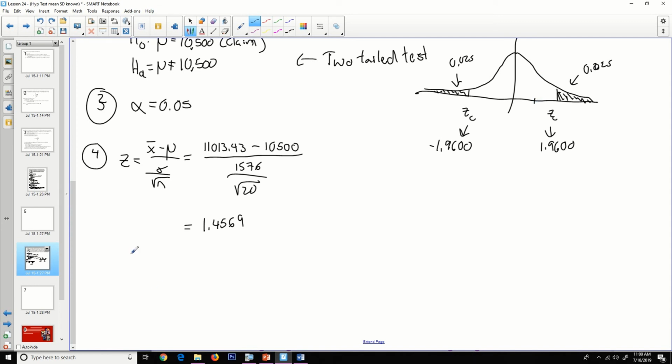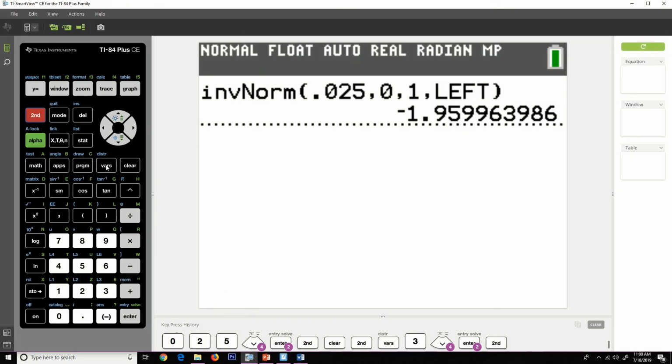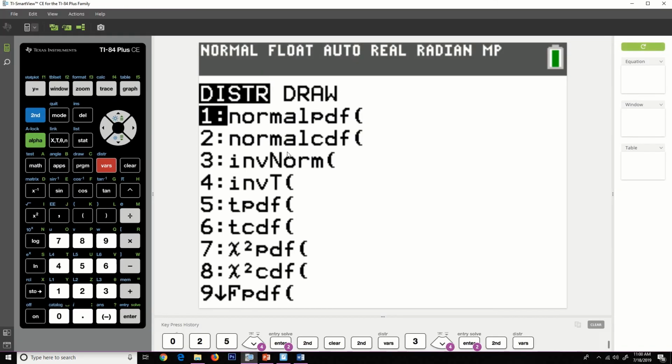But we can also find the p-value, so the area. If I wanted to do that, we could go second, then normal CDF.